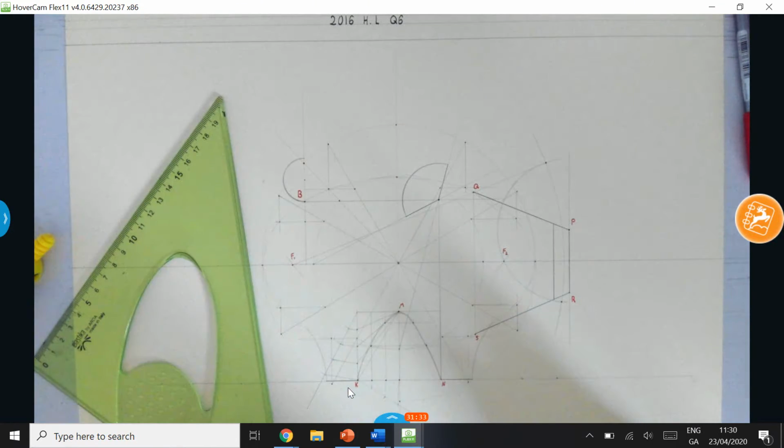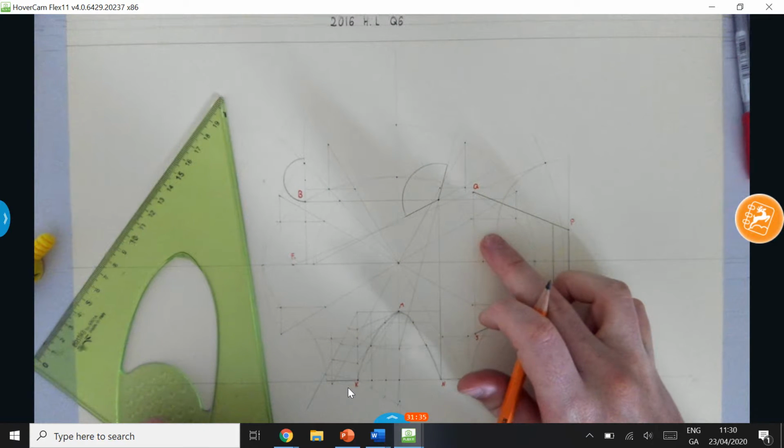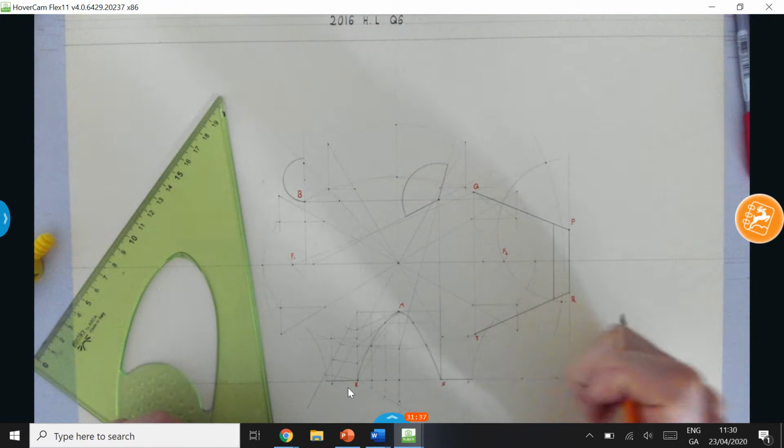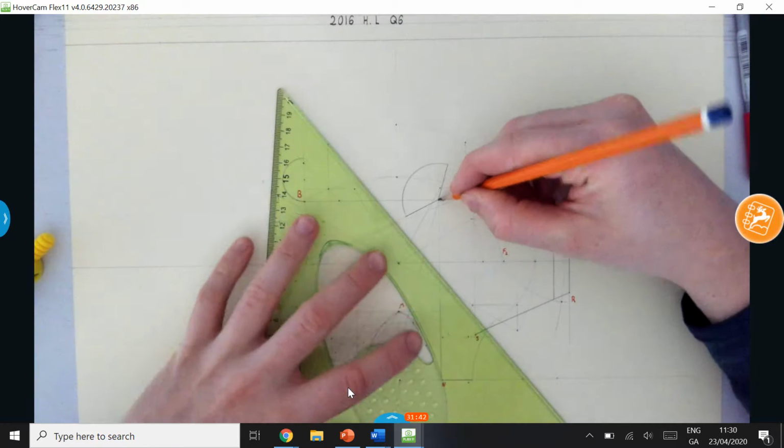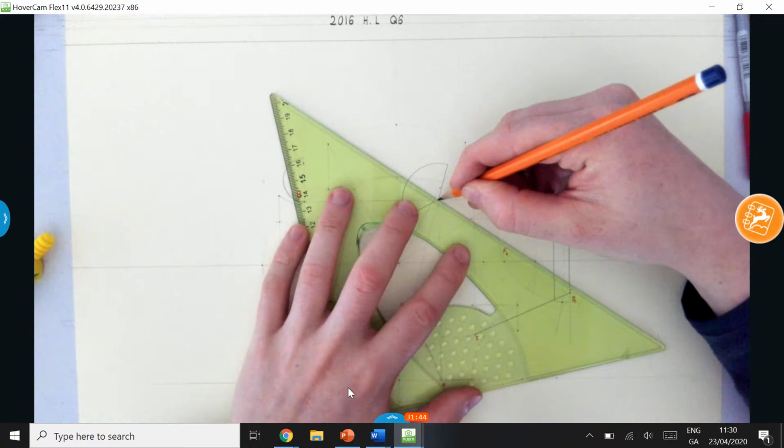Okay, so that's the ear. It's not difficult, it's just you just have to follow the question carefully. Then from this point here, we're joining that up with D, which is out here.